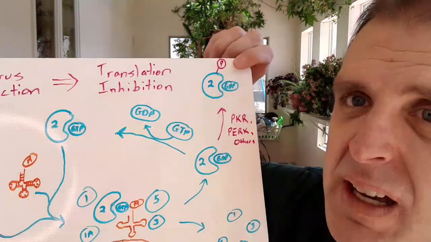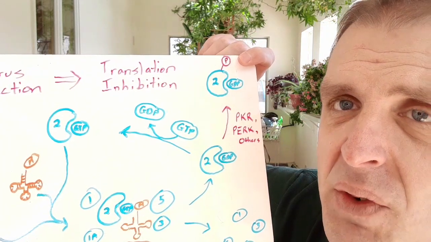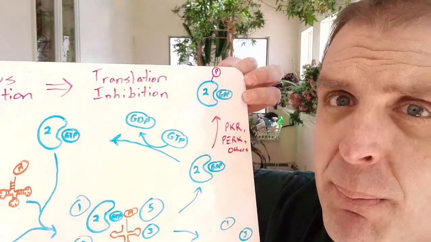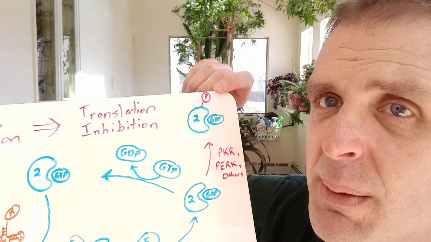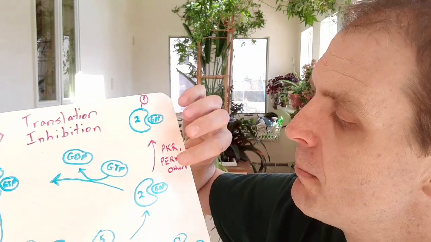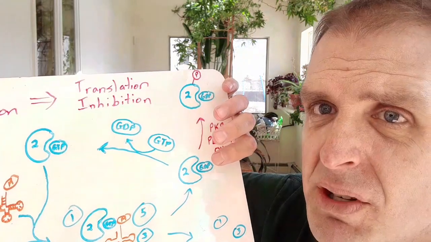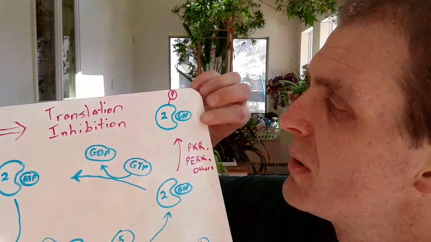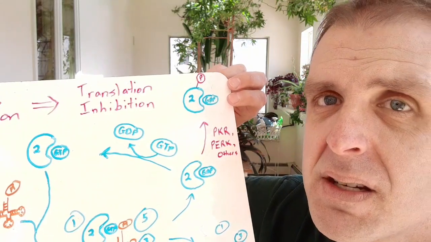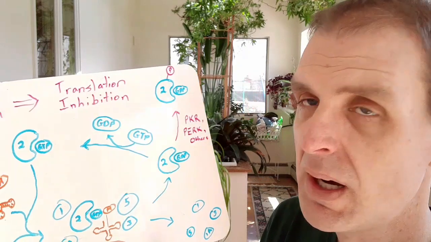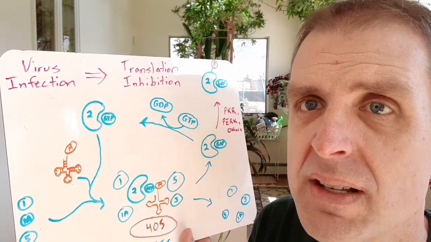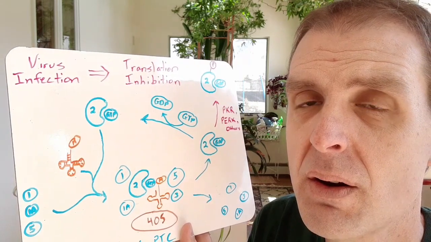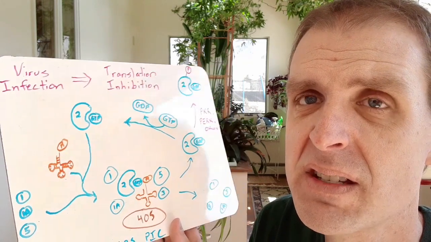It would stay in the inactive, phosphorylated, GDP-bound form. Eventually, you might get a phosphatase come and pull that phosphate off, but if all the eIF2 in the cell gets phosphorylated and is stuck in this inactive form, what you end up with is translation inhibition across the entire cell. That's sometimes called global translation inhibition.